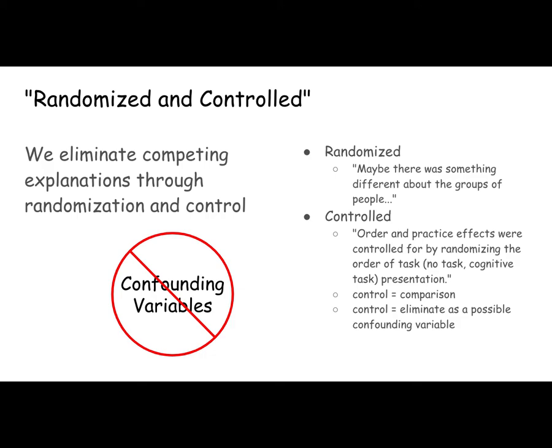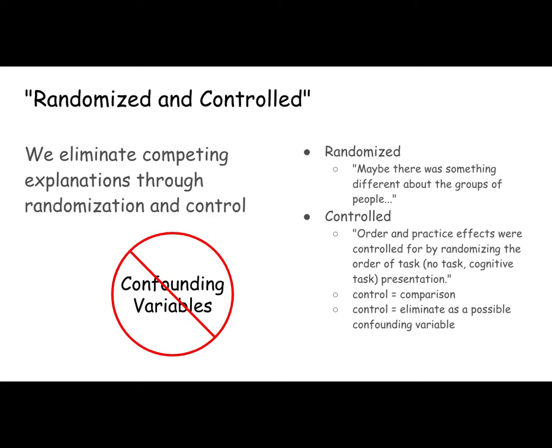And what we're doing through randomization and control is trying to eliminate those competing explanations for why we get the outcomes that we get in the dependent measure. So randomized, when we're assigning people to different groups, we're hoping that they're going to be very similar groups except for the intervention that we're getting.